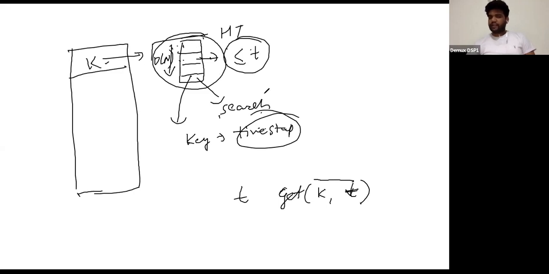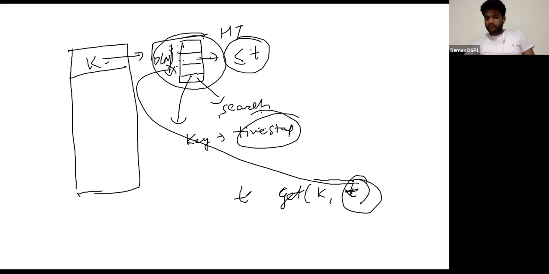You don't have to search for exactly t. So even if you keep the key as a timestamp, you will not be able to do it with a direct lookup of t. That will not give you the answer. You will have to iterate through the hash table to get that, and that iteration is order n.